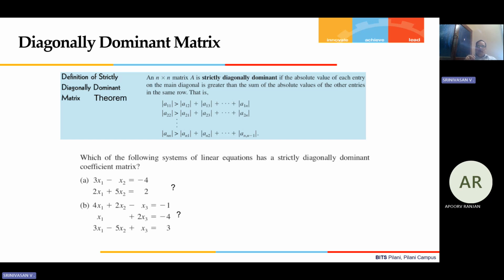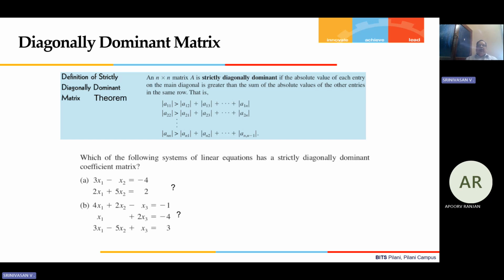So modulus A22, only absolute values, that is very, very important, must be greater than mod A21 plus mod A23 plus etc. plus mod A2n, and so on. You take modulus Ann, n rows, n columns, isn't it? So mod Ann is greater than mod An1 plus mod An2 plus etc. plus mod An,n-1.